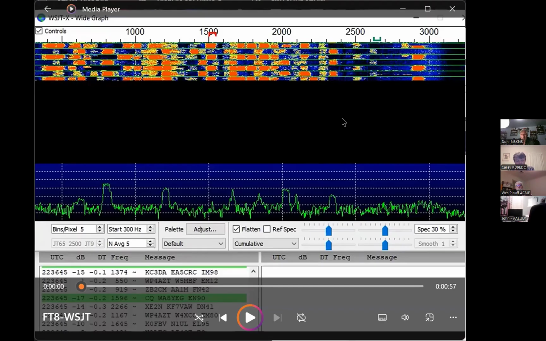When you're answering somebody or calling CQ, you want it in the segment you're using, which is going to be either the 0 and 30 segment or the 15 and 45 second segment. You want to find a place in that spectrum where nobody's transmitting. Like, for instance, you can see to the left of 1500 hertz and to the left of 1000 hertz, in segments, there are these nice open spaces. All right, so I'm going to stop this now.